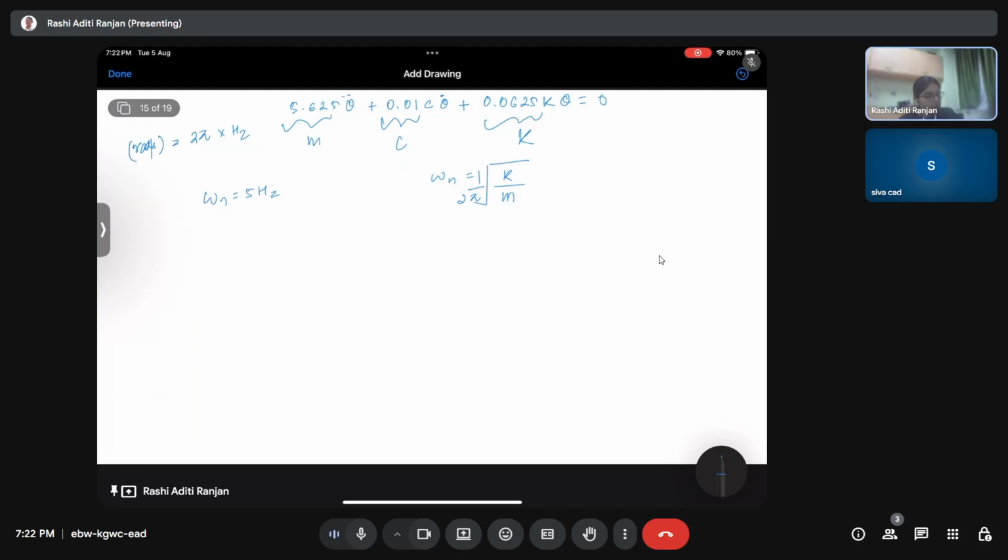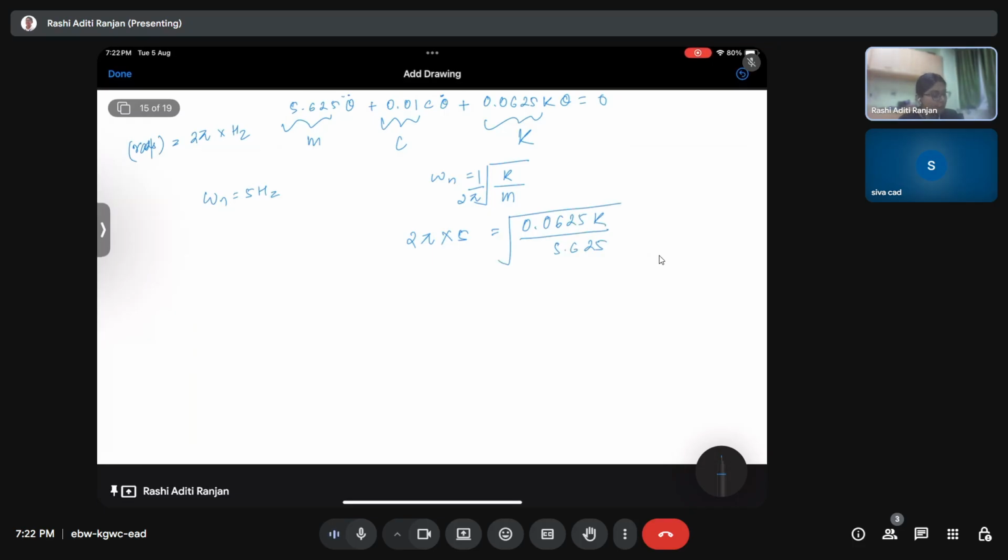So when I put the value, 2 pi into 5 is equal to under root of 0.0625 k by 5.625, right?